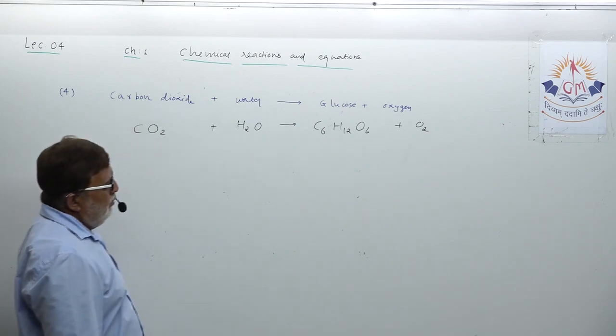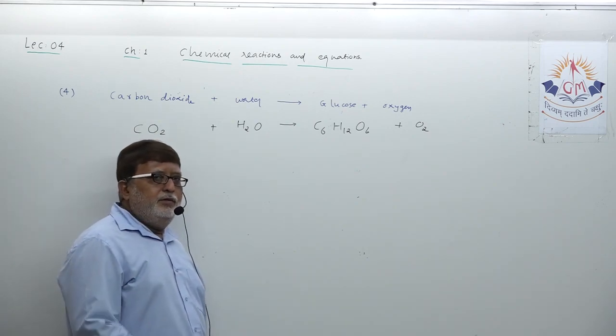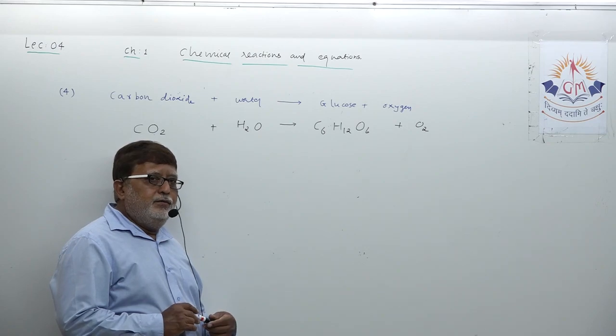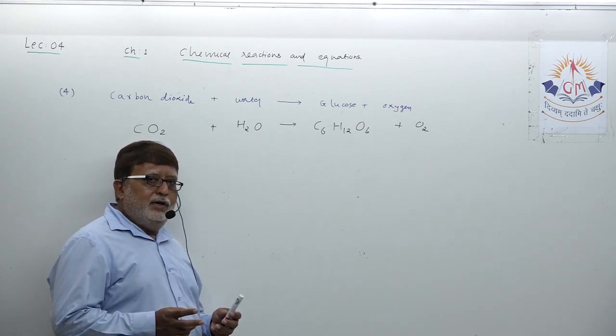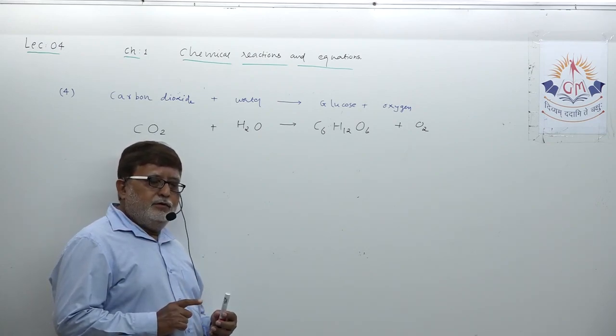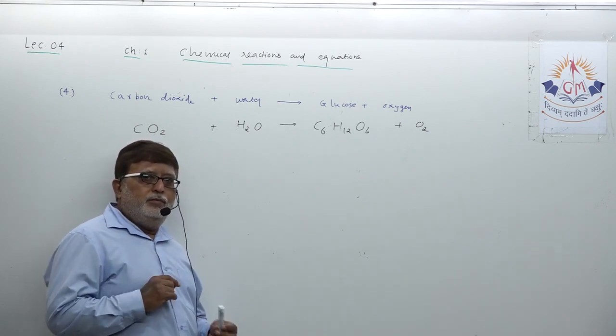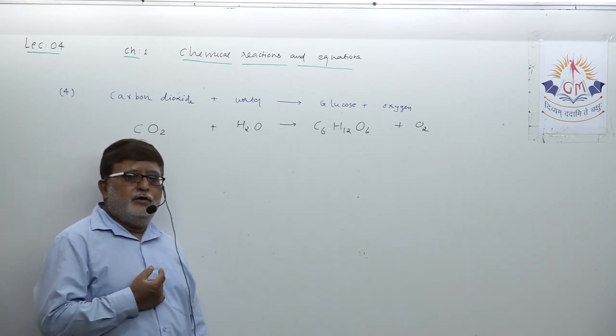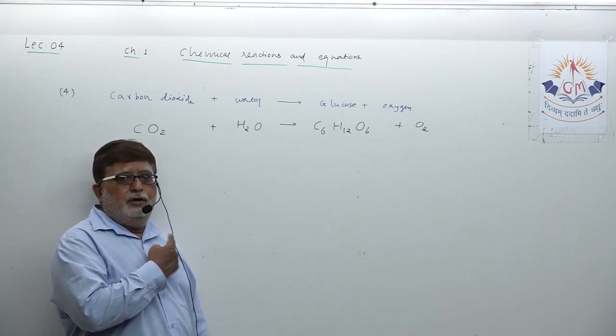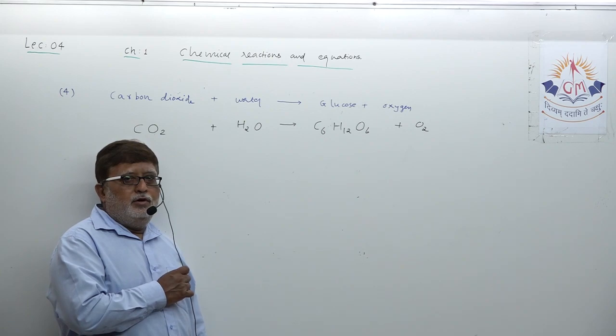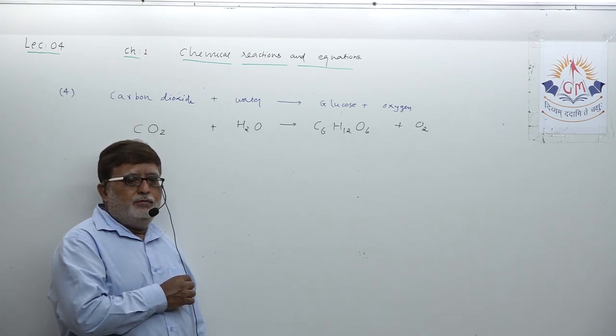Understand? Now, as per hit and trial method, if we try to balance this chemical equation, select the compound having the maximum number of atoms on the reactant side. Carbon dioxide: carbon 1, oxygen 2, 3 atoms.